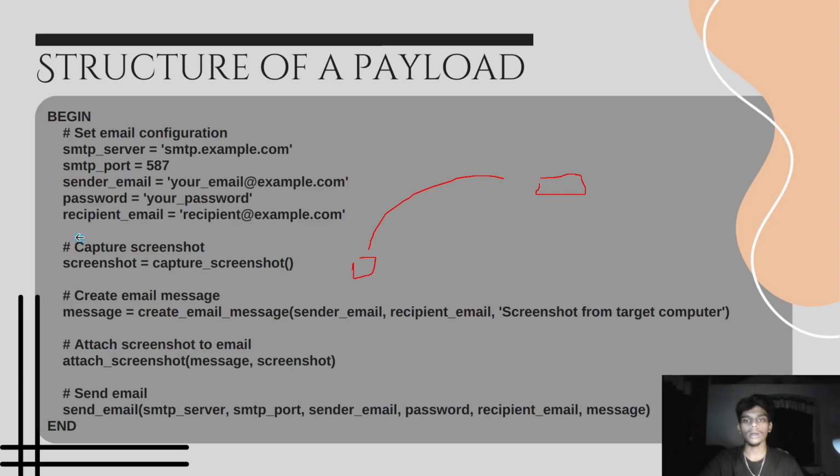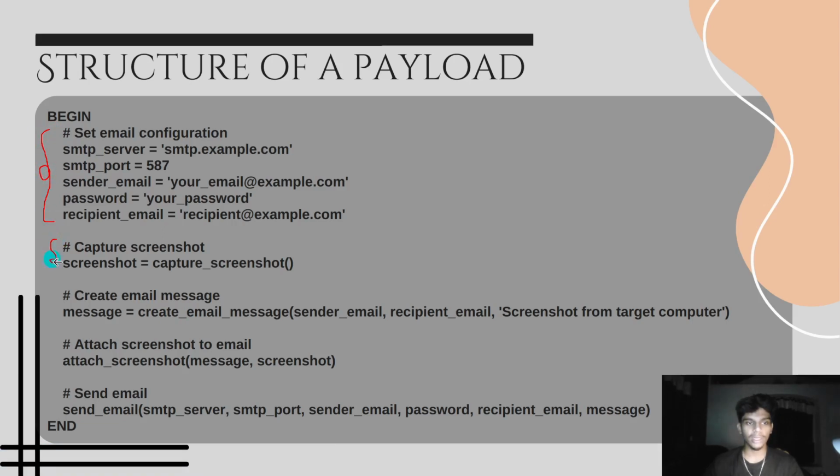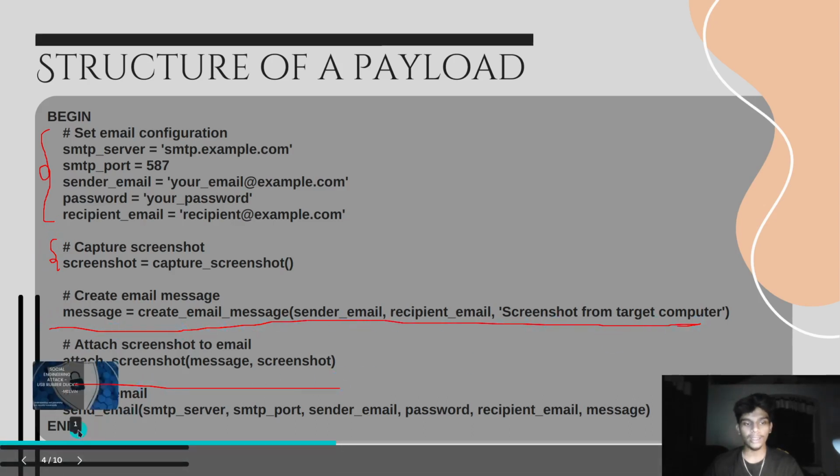Now we send this with the send email command. Let's do a quick run-through. First is initialization, second is capturing data, then creating a mail message, attaching the screenshot to it, and then sending the email.